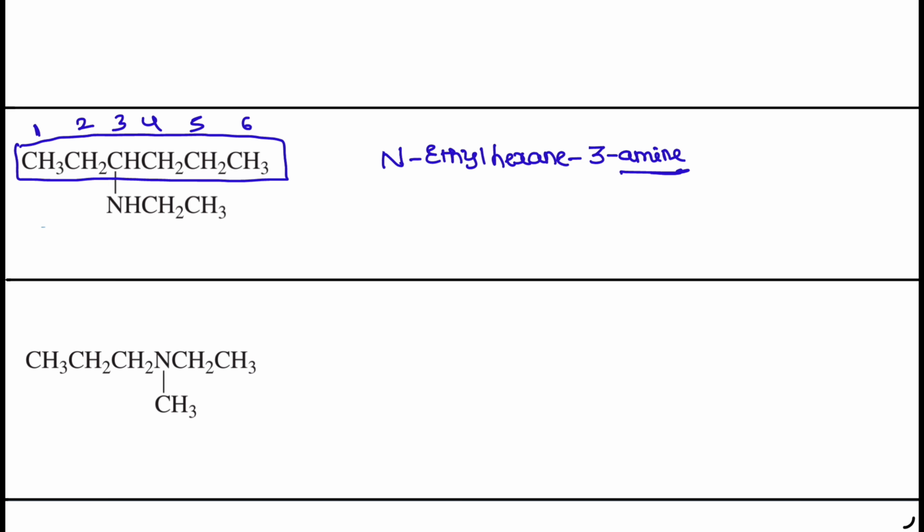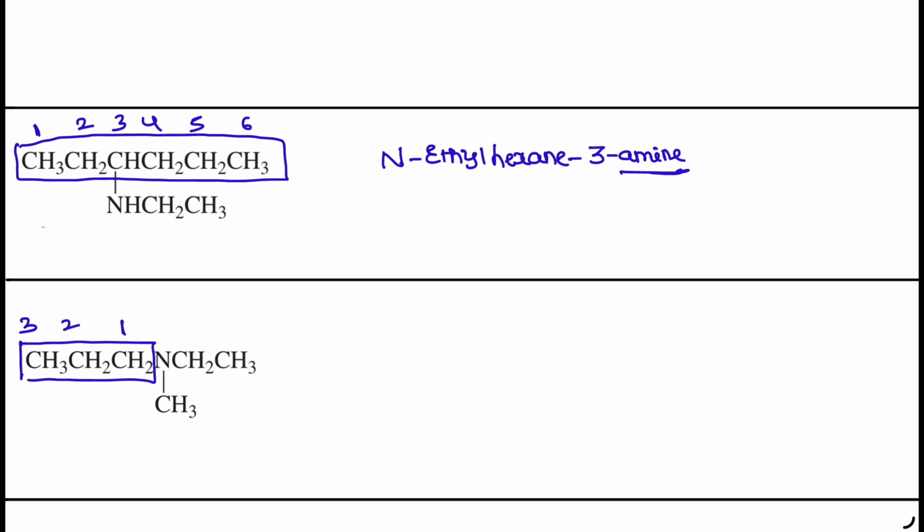And if you see the next example, it is a tertiary amine. Alkyl group with one carbon, with two carbons, this is three carbons. Obviously we have to take the alkyl group with more number of carbons. This is the longest chain. First carbon, second carbon, third carbon. Here we have ethyl group, here we have methyl group.